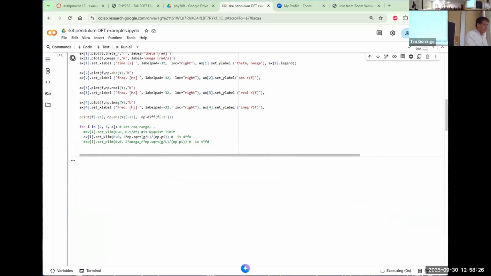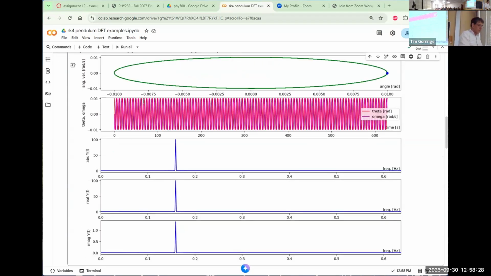So if I rerun that, you see the natural frequency of the pendulum at 0.16 hertz, so 1 radian per second. And so, that's just a test for a discrete Fourier transform. A discrete Fourier transform for a simple pendulum shows us the correct natural frequency of the simple pendulum. So we expected that.